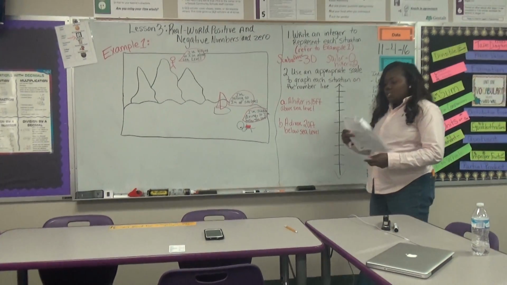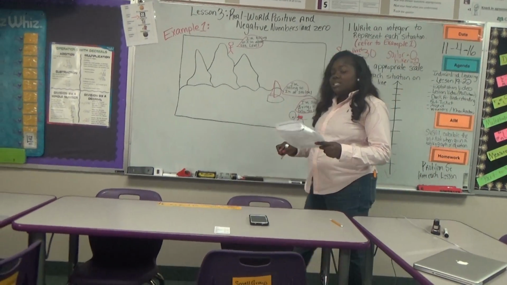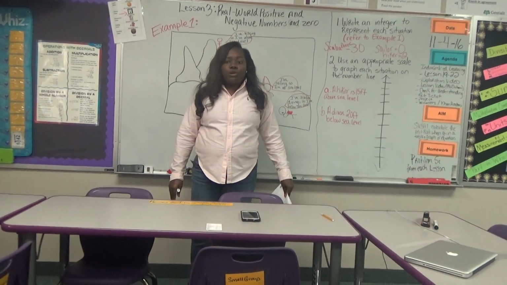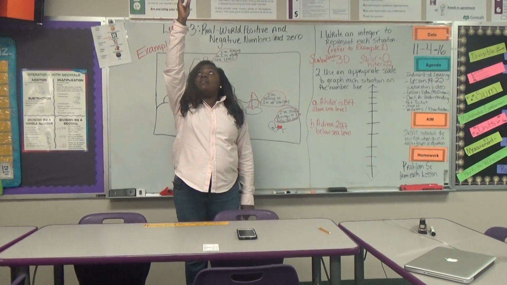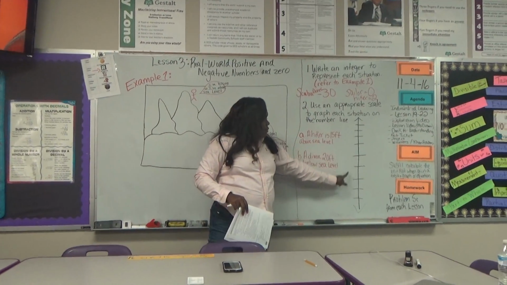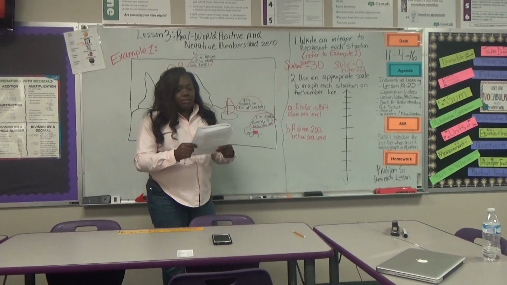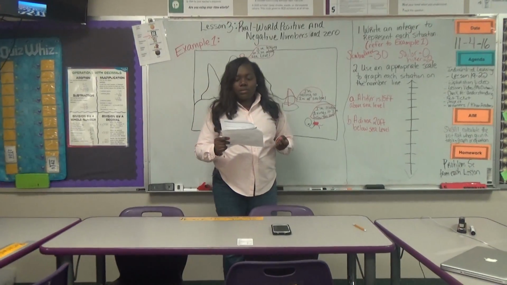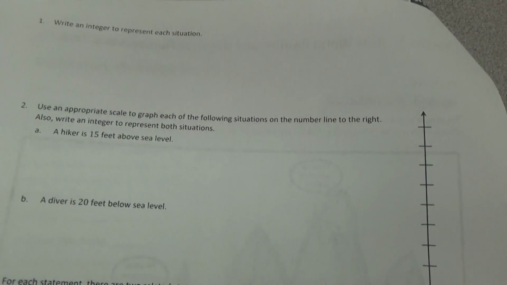On number 2, we need to use a vertical number line. Remember that vertical goes straight up and down like north and south. So this time we're going to refer to this vertical number line that we see listed here. It says, use an appropriate scale to graph each of the following situations on the number line to the right.